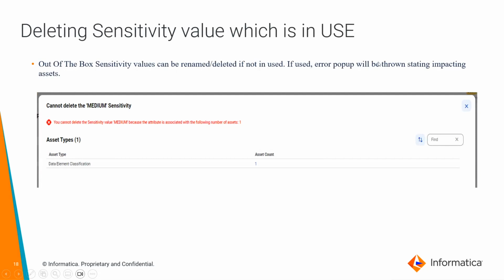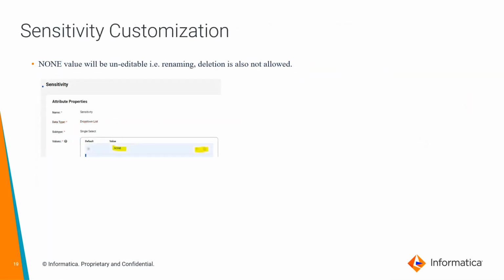If used, an error will be thrown, like when medium is a sensitivity that is already used in a classification, or assigned classification. Then the sensitivity customization has a default None value, and it will not be editable. That is, renaming, deletion, anything is not allowed for this None.